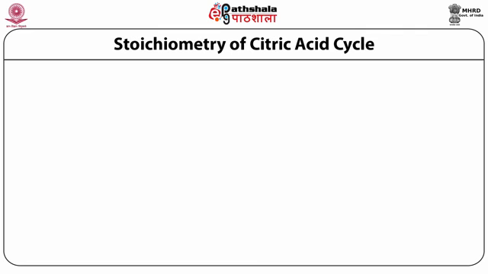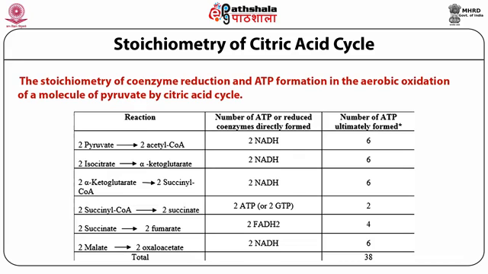This table explains the stoichiometry of coenzyme reduction and ATP formation in the aerobic oxidation of a molecule of pyruvate by the citric acid cycle.